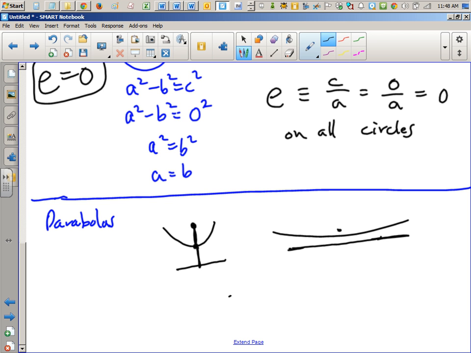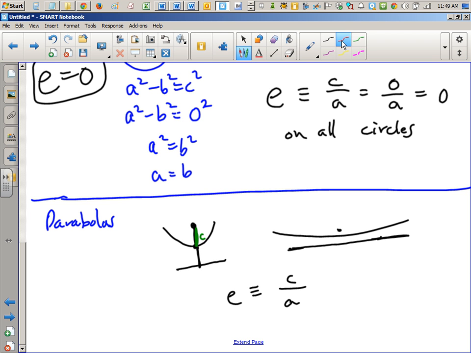So eccentricity is a little hard to define on the parabola because we're supposed to find C and A. C is supposed to be the distance from the center to the focus. I guess this is like C, I guess. I don't know. There's not really a center.